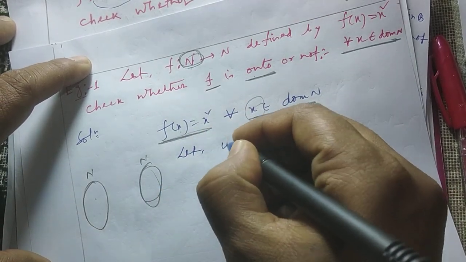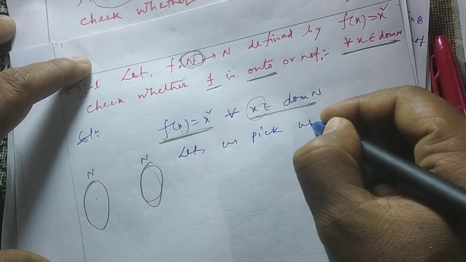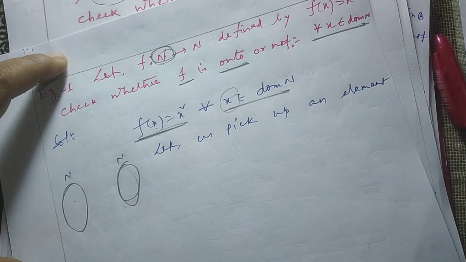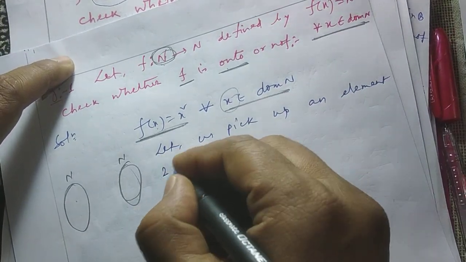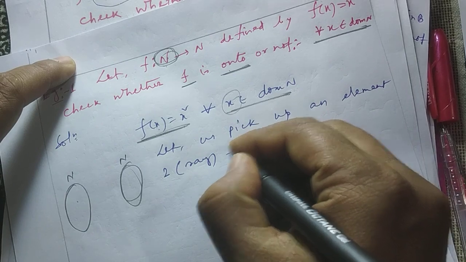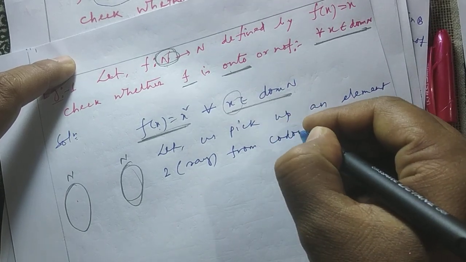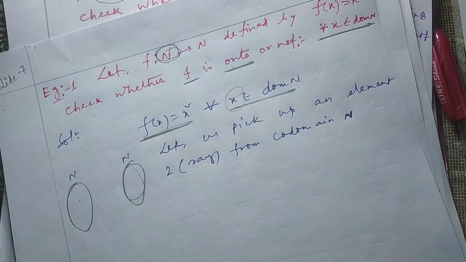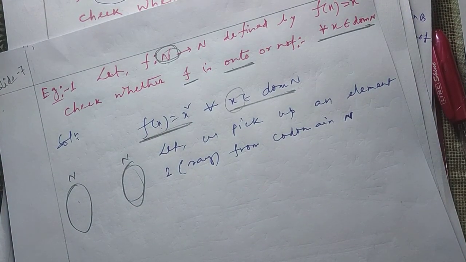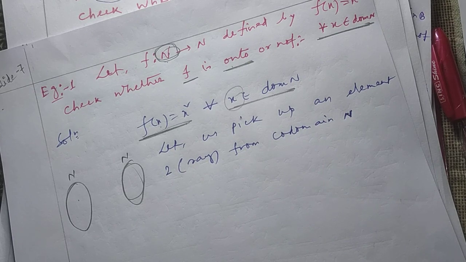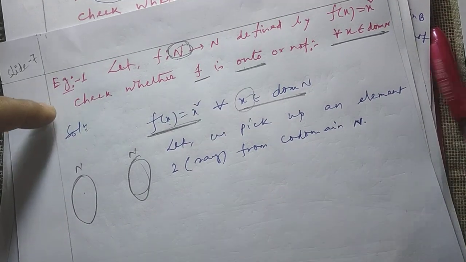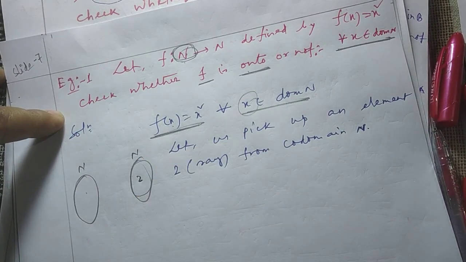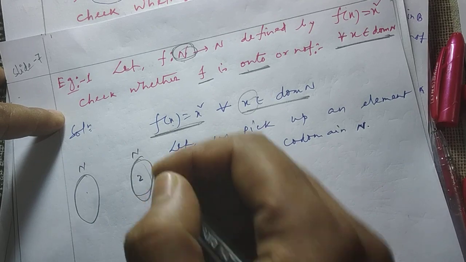Let us pick up an element, say 2, from codomain N. Correct? Let us pick up an element namely 2 from codomain set N. And you know every element of codomain set will be of the form f(x).